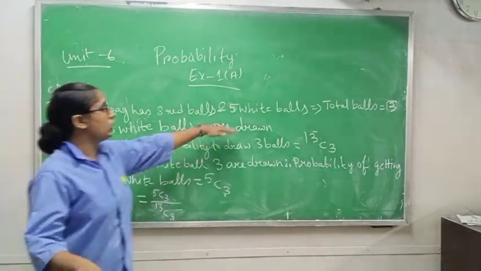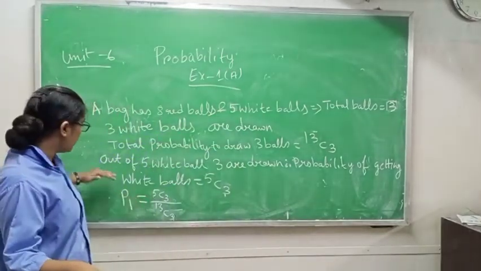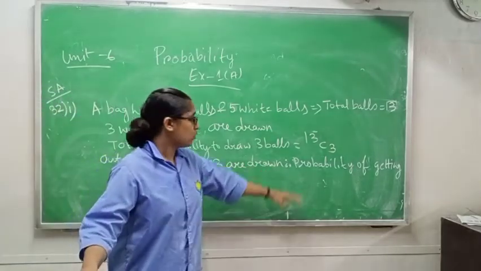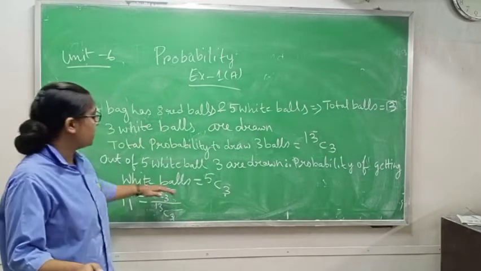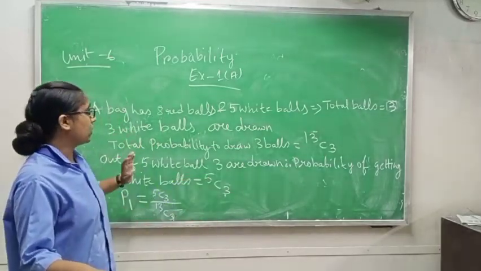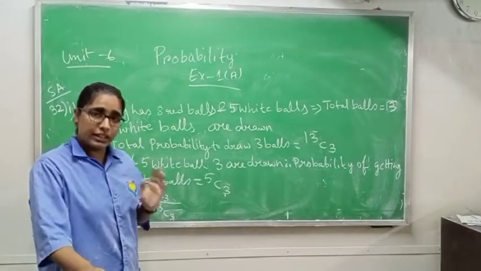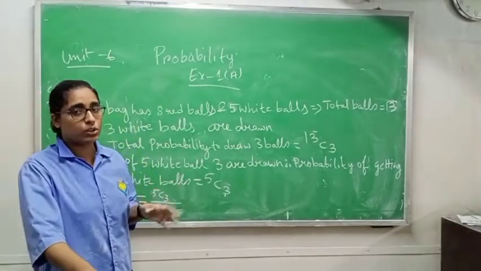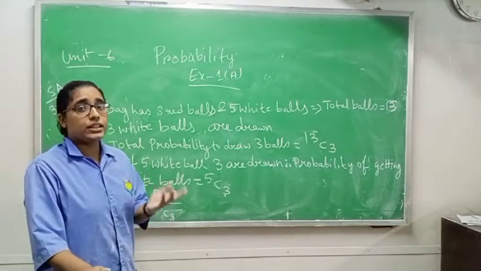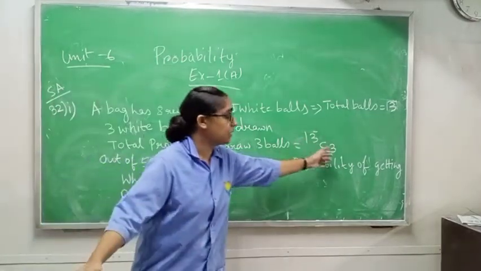But we have only 5 white balls. Out of 5 balls, 3 are drawn. So for white balls it is 5C3. Again I am repeating: we have total 8 red balls and 5 white balls, means 13 balls. From 13 we are taking 3 balls, means 13C3.